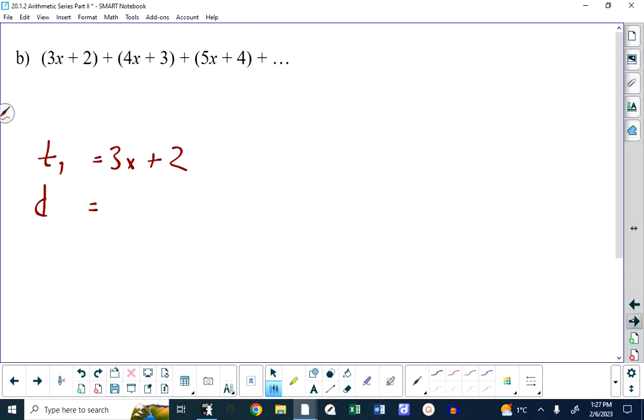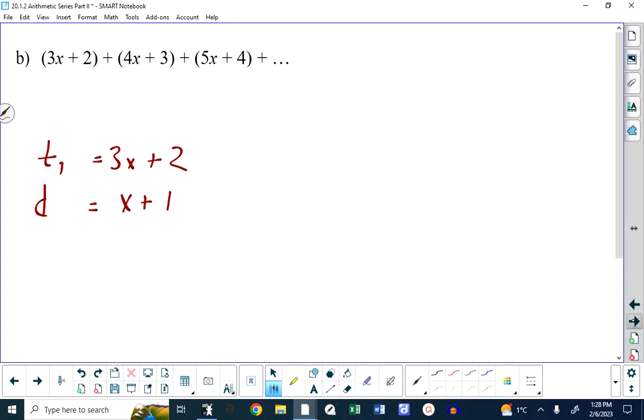I'm adding x because the 3x turns to 4x, which turns to 5x. And I'm adding 1 because the 2 turns to 3, turns to 4. I mentioned at the beginning of this that many of these examples today are about building math skills. They're not directly about sequences and series.